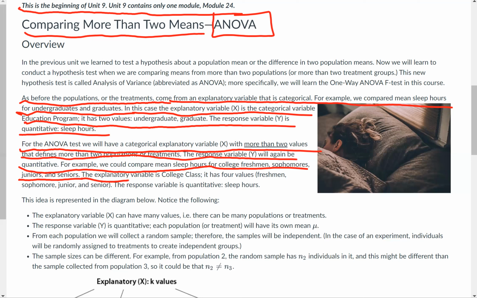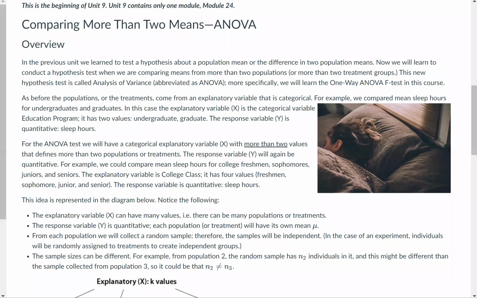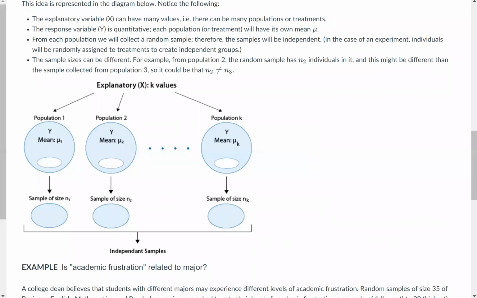The explanatory variable is college class. It has four values: freshman, sophomore, junior, and senior. The response variable is quantitative, the number of sleep hours. This idea is represented in the diagram below. We'll scroll down and look at it so we can make a few notes about it. So note the following with this diagram.